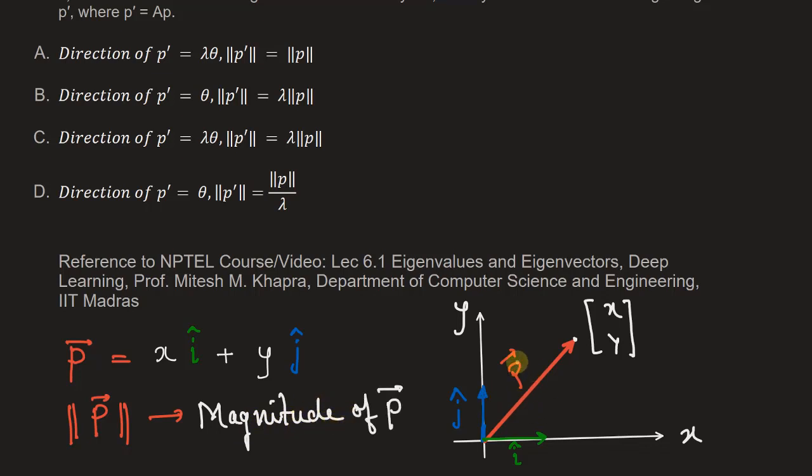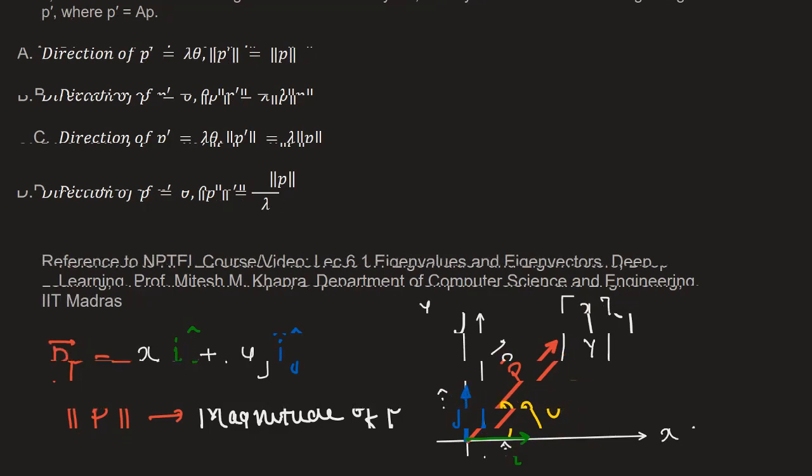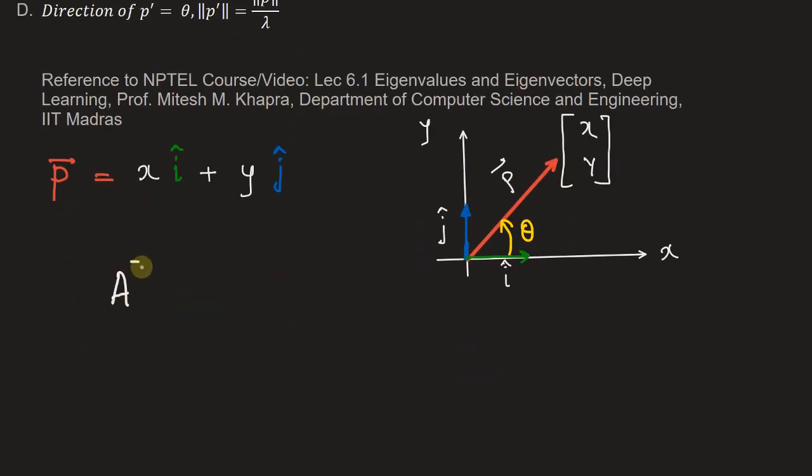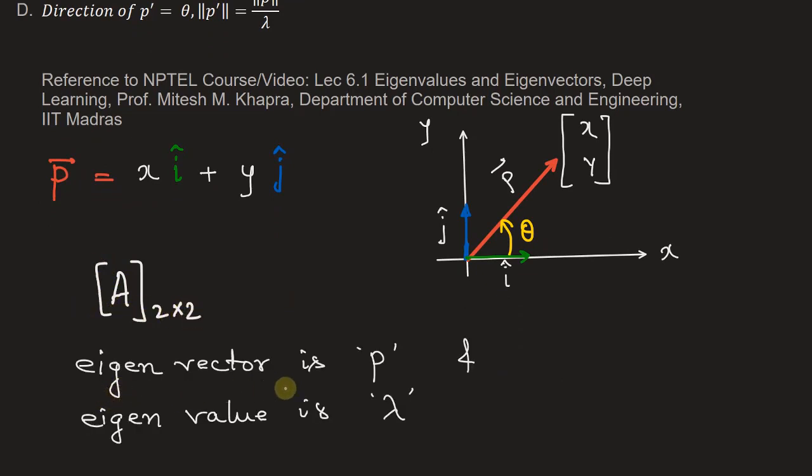Also, it's given in the problem that this P vector makes an angle theta with the positive x-axis in the counterclockwise direction. It's also given in the problem that there is a 2 cross 2 matrix A whose eigenvector is P and eigenvalue is lambda, for which lambda is greater than 0.